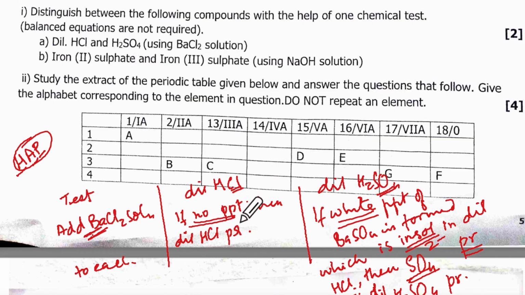Don't write therefore Cl1 minus present. This no PPT is not the test for Cl. They could have given you even HNO3 dilute. Still, what I will get, BaNO3 twice. Still, there will be no PPT because all nitrates are soluble in water.